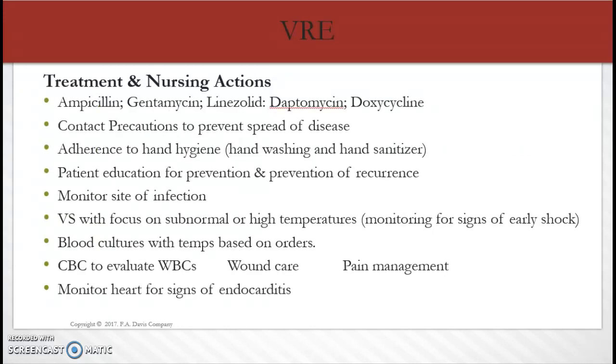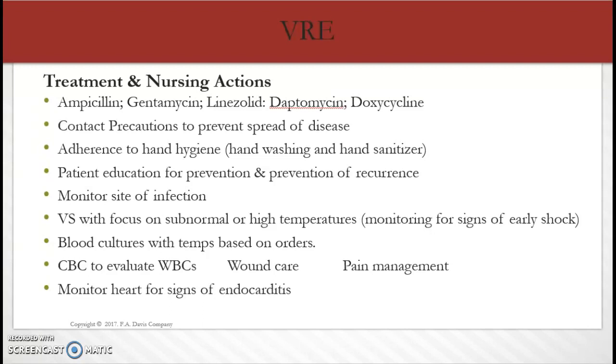Treatment, you'll see these drugs at the top. Most of the time for VRE, there's a first-line drug, which is some of these first 2 or 3, coupled with a secondary drug. And not all of those are really effective sometimes, so it takes trying some things to see.